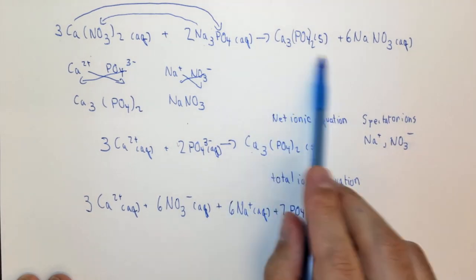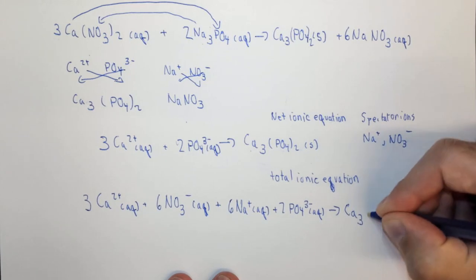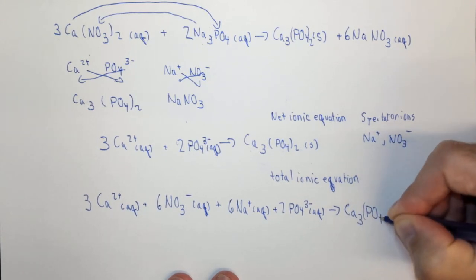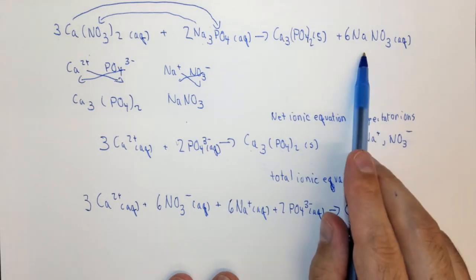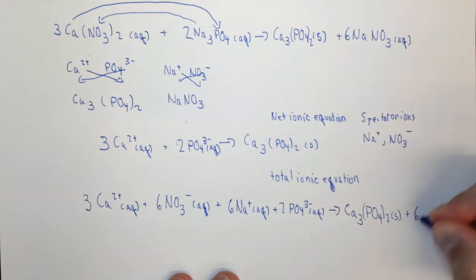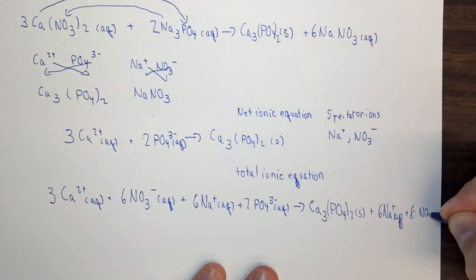Now, if it's solid, you don't break it up. Ca3(PO4)2 solid plus, this is aqueous, so I could break it up, 6 Na+ aqueous plus 6 NO3− aqueous.